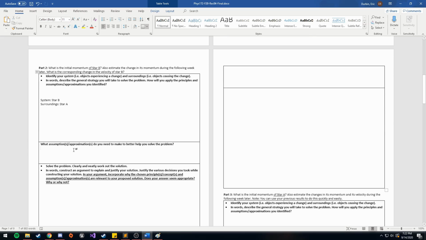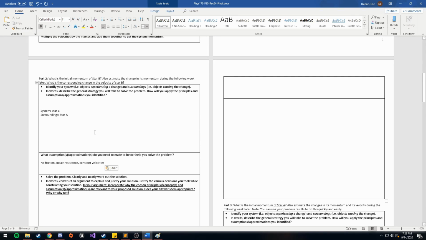The initial momentum would just be the velocity times mass. The momentum a week later would be influenced by. Make sure you write down the strategy. Do we change the system and surroundings because it's just asking about the initial momentum? Yeah, so the system would just be star B, and the surroundings would be star A.